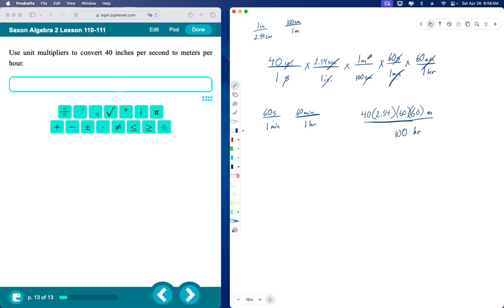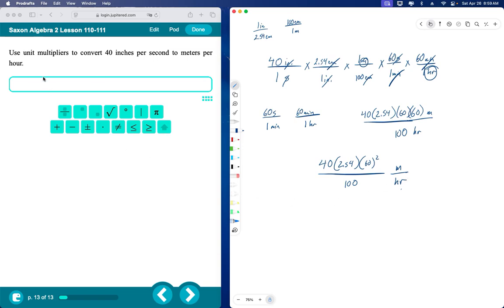Because we have meters as the unit of measure in the numerator, and hours is the unit of measure in the denominator. I'm not sure exactly how I wrote this. I do think it's probably 40, 2.54, 60 squared over 100, and then it's probably meters per hour. I don't think it is though, because that looks like miles per hour. So I probably did meters per hour.